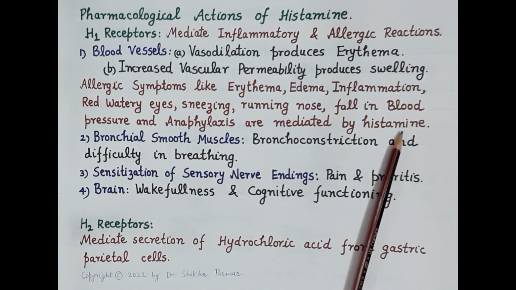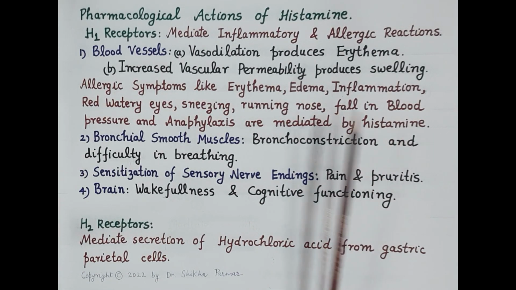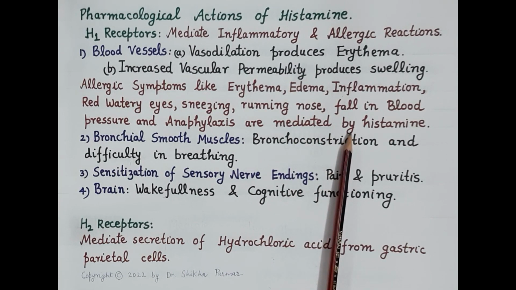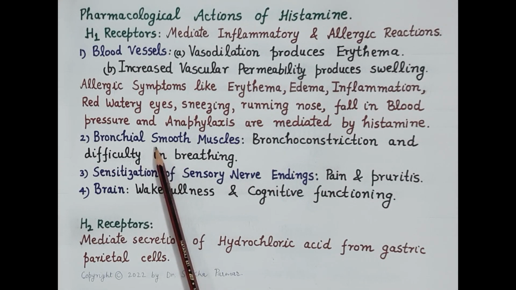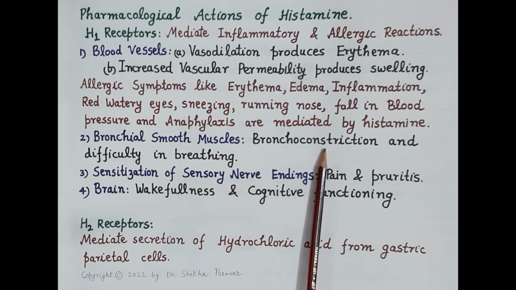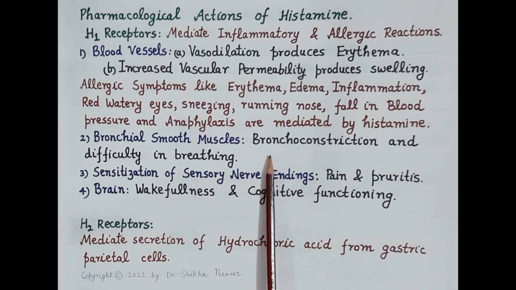Now, H1 antihistaminics counteract all these actions of histamine and are extremely useful in the management of allergy and inflammation. Further, histamine binds to H1 receptors on bronchial smooth muscles, produces bronchoconstriction, and that causes difficulty in breathing. Another symptom of allergic reactions like anaphylaxis.